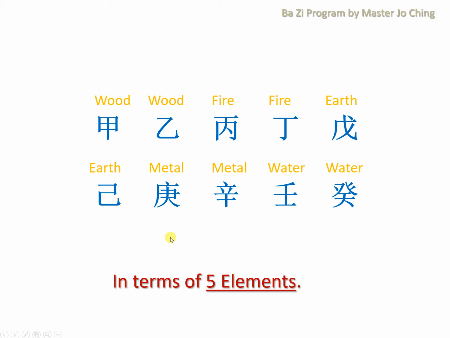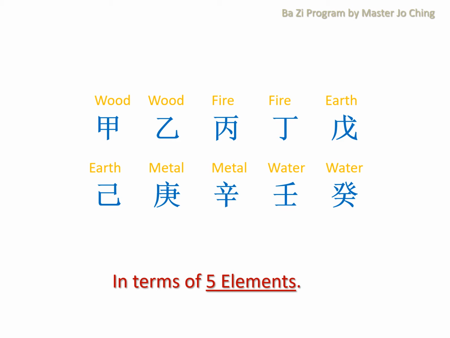Very importantly, there are the five elements that they are assigned with. For example, 甲 is assigned with the wood element. Likewise Yi is also assigned with the wood element. Followed by Bing and Ding, both are fire elements.